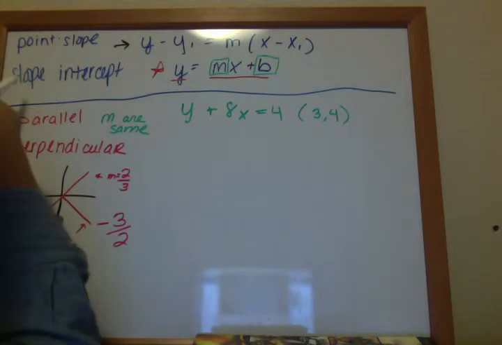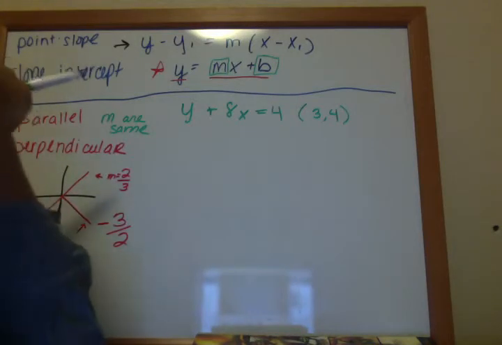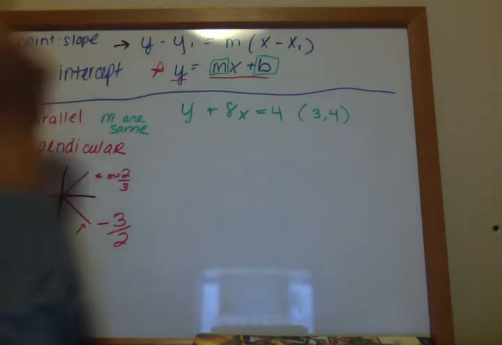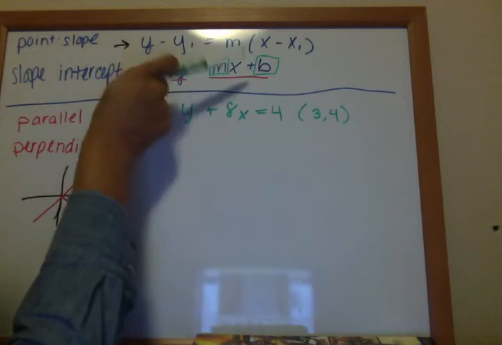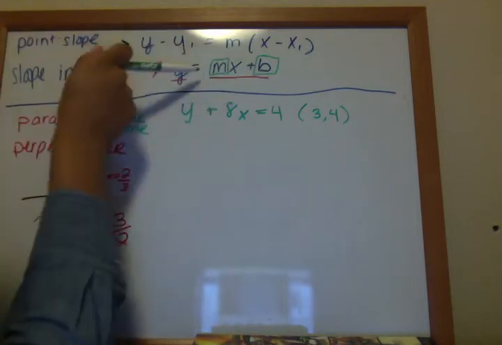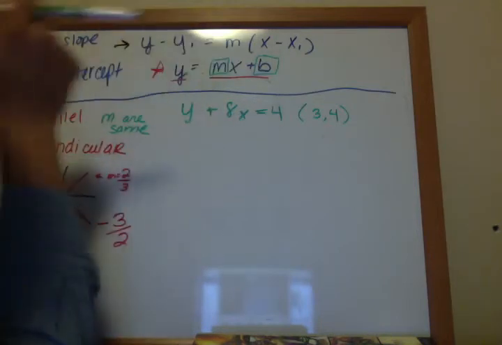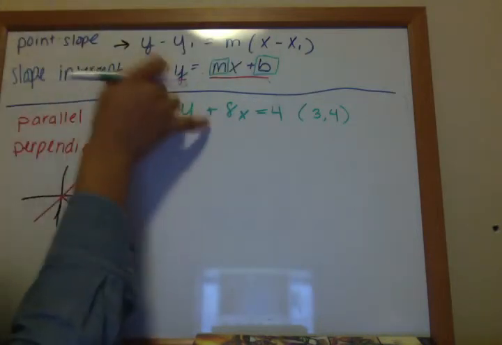Okay? So they want us to put it in slope-intercept form. The first thing you need to think about is, for slope-intercept form, we need to know the m and we need to know the b. We need to know the slope and we need to know the y-intercept.